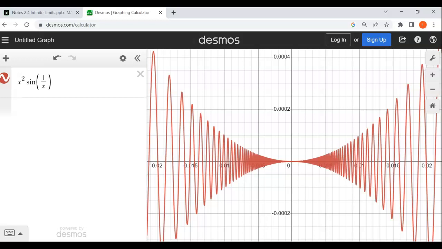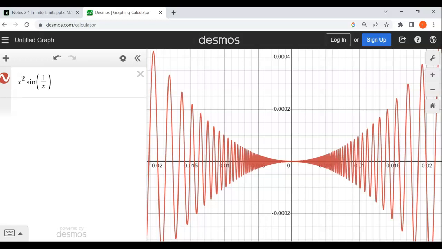So here's the idea. If the limit of the two functions it's being squeezed between is equal, in other words, what's the limit of the top parabola as it approaches 0? Isn't it 0? What's the limit of the downward-facing parabola as it approaches 0? Doesn't it go to 0?